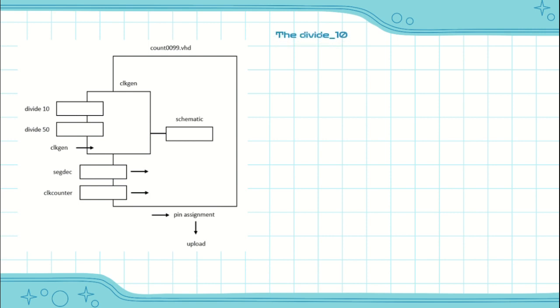From the given picture, we need to create the divide 10 and the divide 15 VHDL descriptions by using the VHDL description that is given in the lab sheet. Next, we design the clock gen by using the VHDL description also given in the lab sheet.